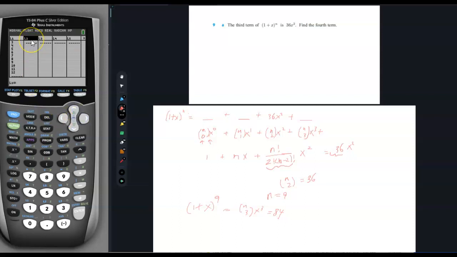You go up to L2, you put the highlighter in L2, you do math, probability, n choose r, and then you put L1 in for that, and then you put 2 there. Ta-da! Oh look, it's 36. Okay, so that's a high-tech way of doing it, but it didn't really take any less time than just doing it the hard way, right? That's it.